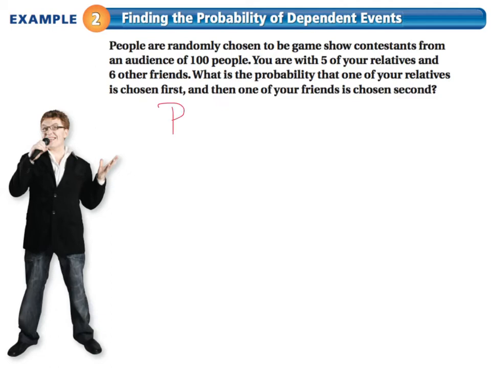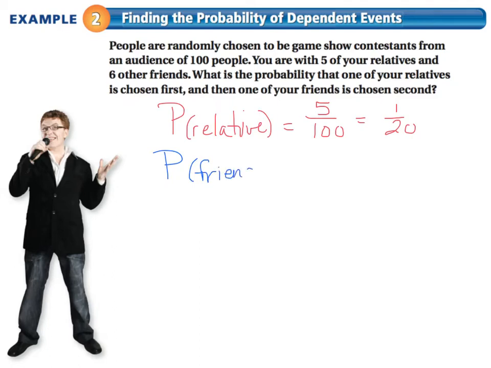So the first thing we do is the probability of picking a relative. Well, how many of them are relatives? There are 5. Out of 100, which would simplify into 1/20. So the probability a relative will be picked is 1/20. Then we're going to do probability of a friend, but this is after a relative was chosen. So how many friends did you bring? You brought 6, but there are no longer 100 people.